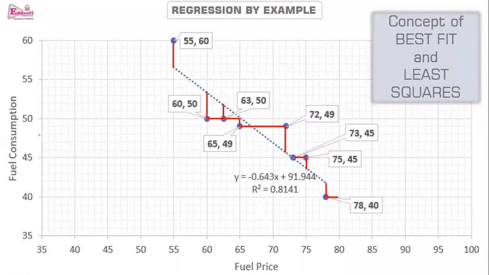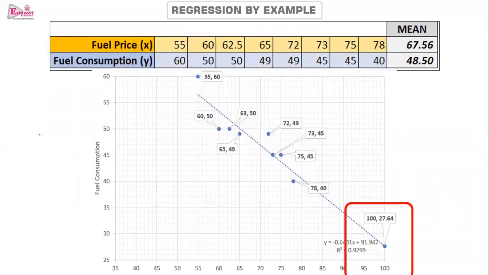Let us see further how this chart helps me in predicting the future. If the fuel is crossing or touching 100, this chart is telling me, as a transporter, Mr. David, you have to keep your consumption of fuel to 27, maximum 28,000 liters.